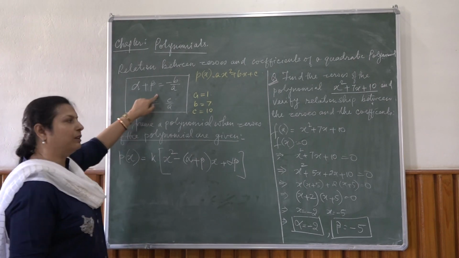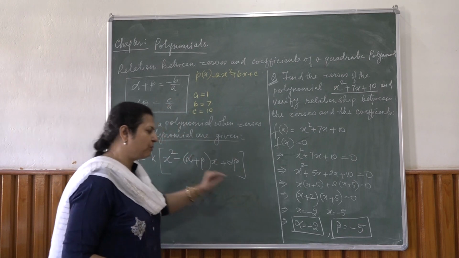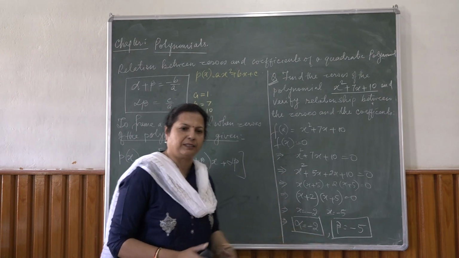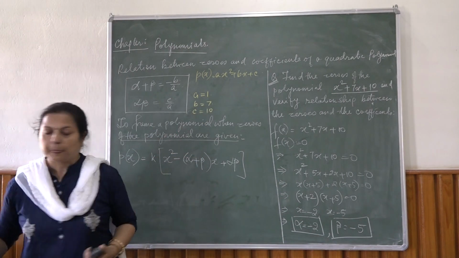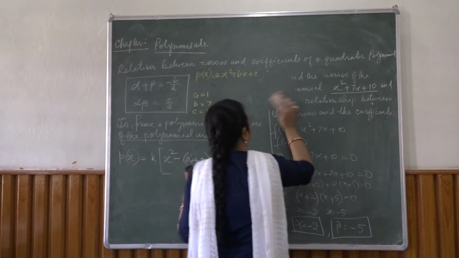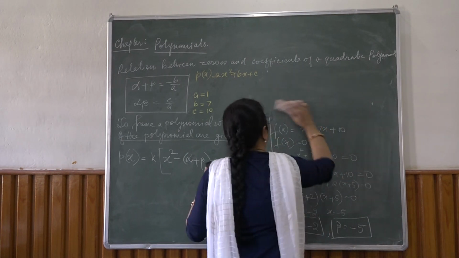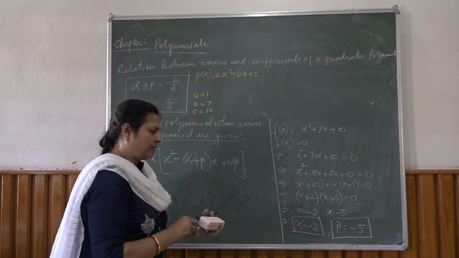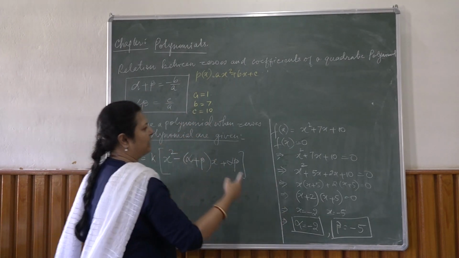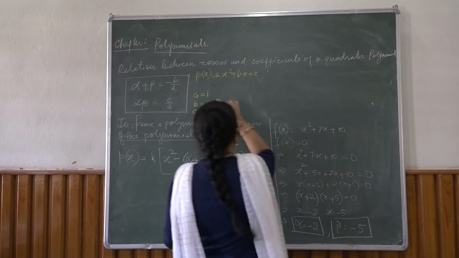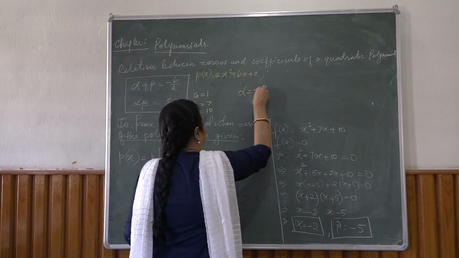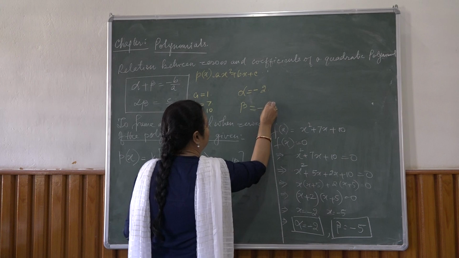Now we will use these zeros to establish the relation between the coefficients and the zeros of the polynomial. So let us check whether this relation holds good for these zeros. As per our relation between the zeros and the coefficients, these are my coefficients, and alpha is equal to minus 2 and beta is equal to minus 5.